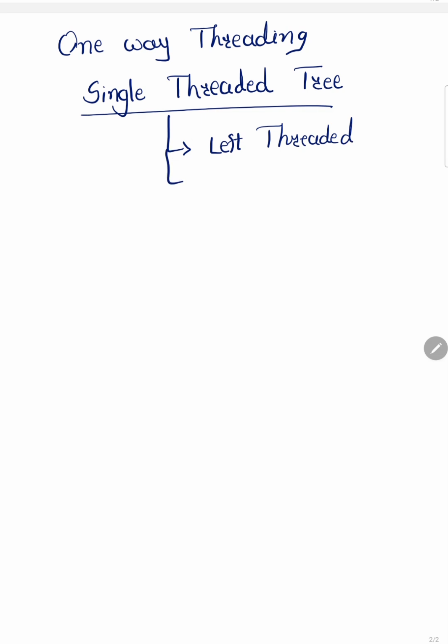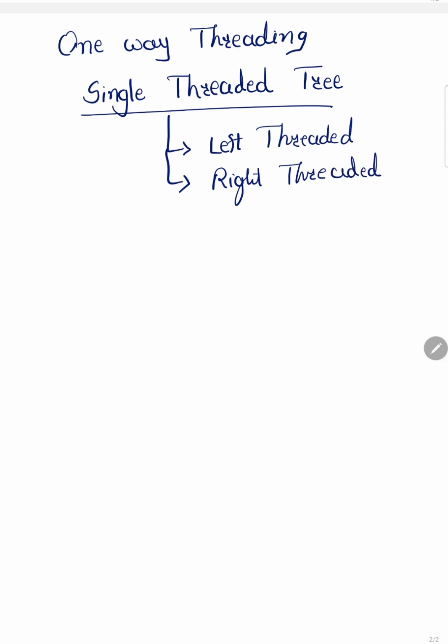One way threading means you have a single threaded tree. Now a single threaded tree means that in that also we have two parts. One is left threaded and the other one is right threaded. You might get the idea already.